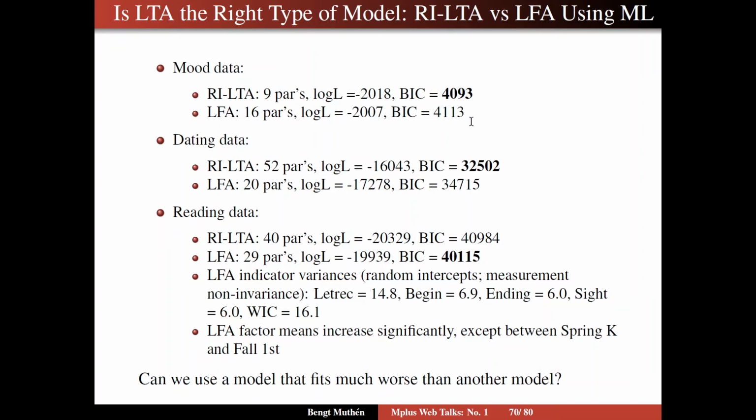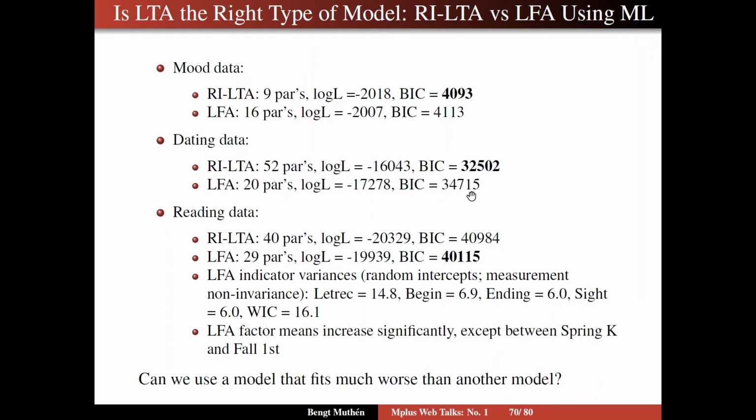And it turns out that BIC gets worse for LFA. So here, for the mu data, we could be satisfied with staying with RI-LTA. For the dating data, the LFA has considerably fewer parameters, but it also has a worse log likelihood value.